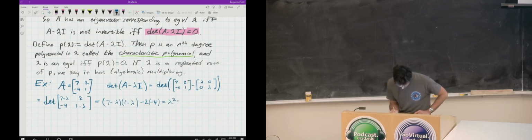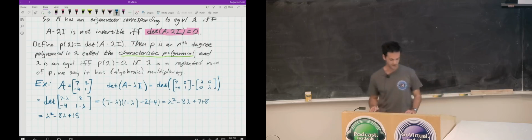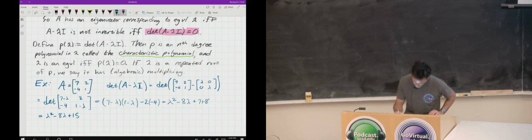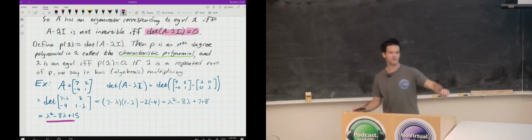I get lambda squared minus lambda minus 7 lambda is minus 8 lambda, plus 7 plus 8: lambda squared minus 8 lambda plus 15. There's my characteristic polynomial.